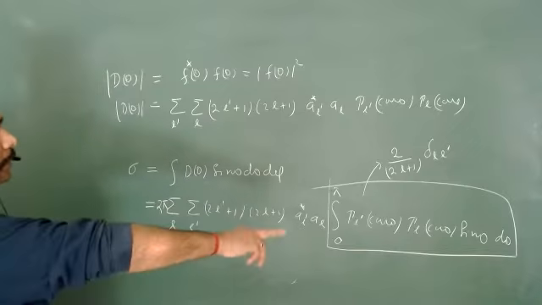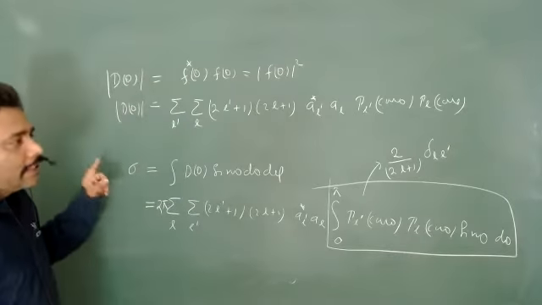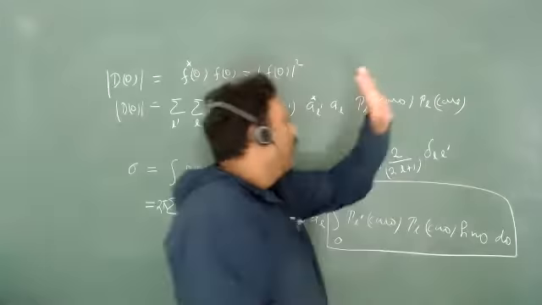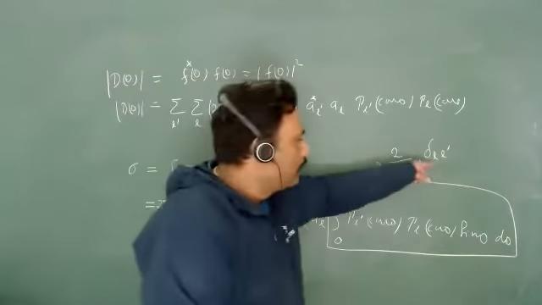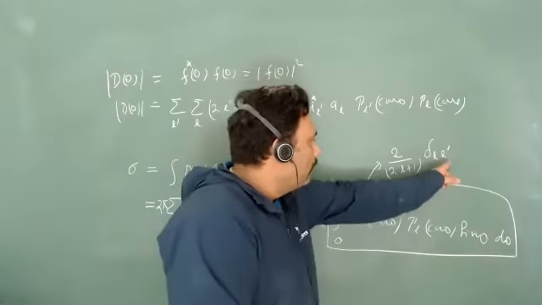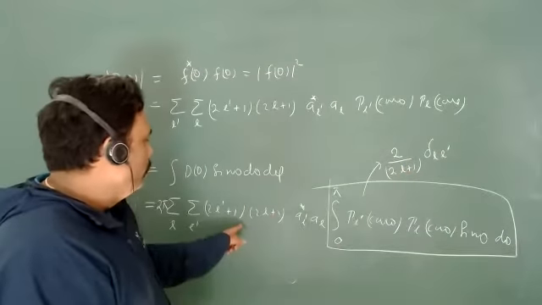So this sigma will survive only for L equal to L dash, because this is the Kronecker delta. The 1 upon 2L plus 1 and the 2L plus 1 will cancel.